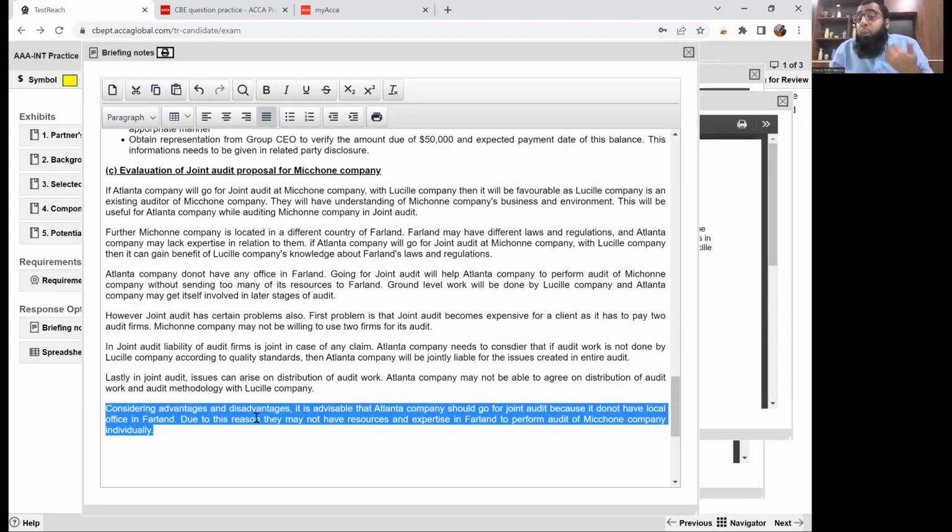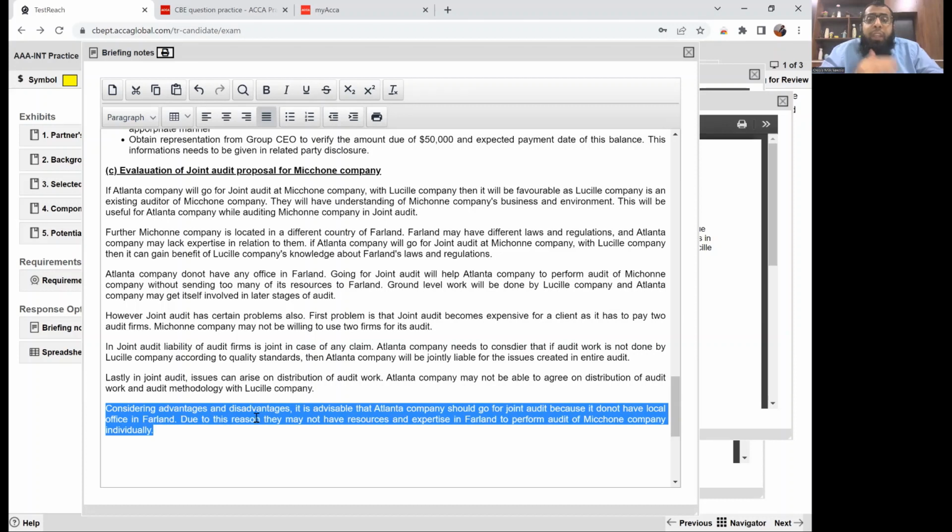Like if there is a dispute on any accounting treatment with the client and the two joint auditors agree on the same treatment, then they can convince the client in a better manner. For example, if there is a single auditor, the client says that I'll go for a second partner opinion. But in joint audit, if there are two firms working together and they both agree on the same treatment, they can convince the client in a better manner. They will not get intimidated by the client. Okay, so you can add a few more points also.